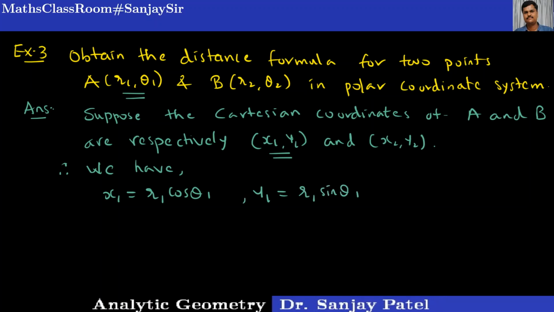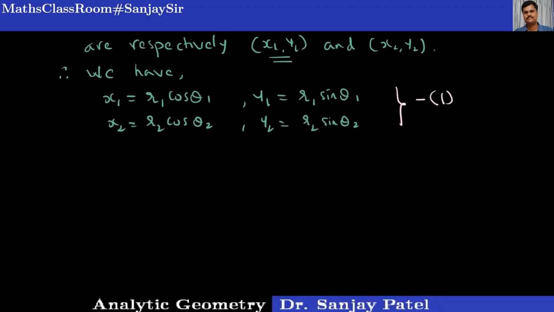Same way for x2 y2 and r2 theta 2, we have x2 is equal to r2 cos theta 2 and y2 is equal to r2 sin theta 2. So what I will be getting here is these relations between Cartesian and the polar coordinates of the points A and B. Now I am going to apply the distance formula for the Cartesian coordinates.